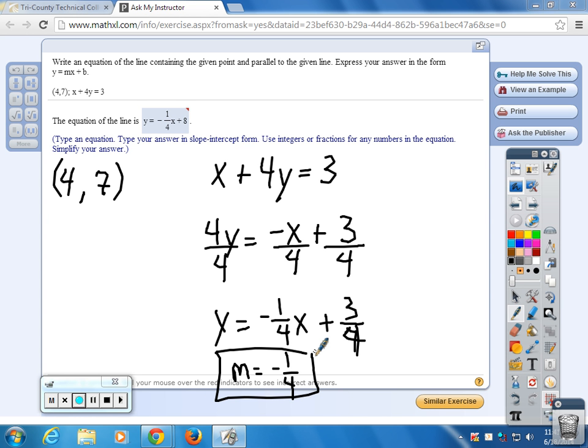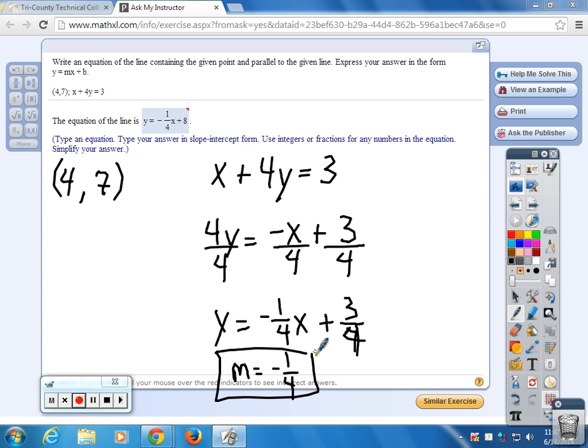So if you had to graph this, you would graph 4, 7, and then you would look at the 3/4 and go, no. We're not even talking about graphing this. But if you were to graph it, you would plug in points right here, y by itself.